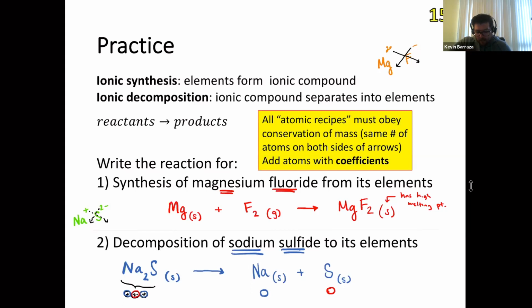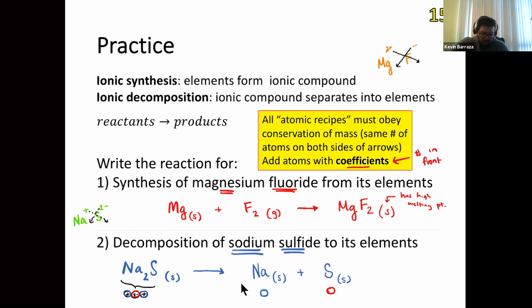We can add a coefficient or a number in front to make sure the recipe makes sense to us. Atoms cannot just disappear or appear out of thin air. And so if we had 2 sodium atoms that we started with, and we put them into the reaction, we need to have 2 come out.